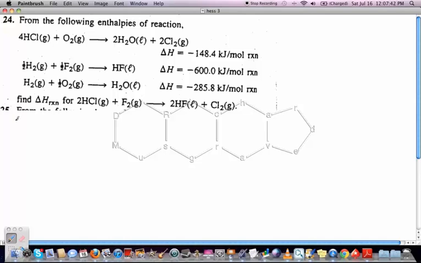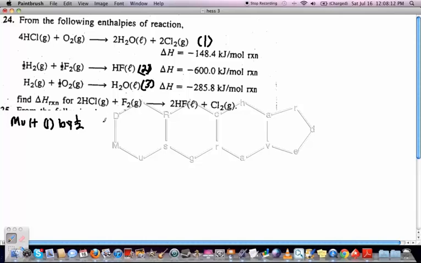The first one I know I'm going to multiply, and I'll just make these numbered. So I'll multiply reaction 1 by 1/2, which is the same as dividing it by 2.